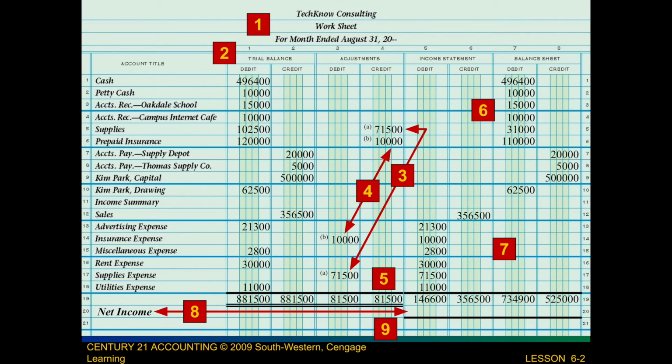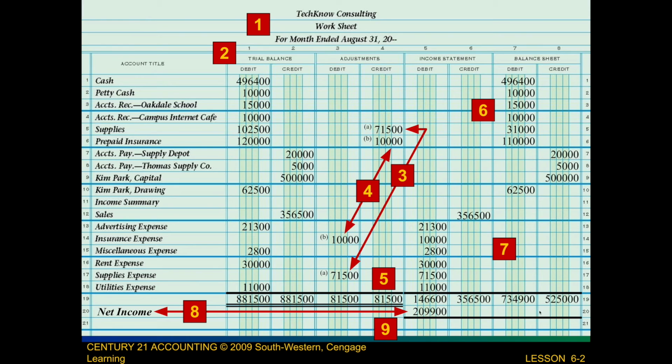If our expenses were higher than our revenue, that would be a net loss. But anyway, if we take the income statement credit column and subtract it from the income statement debit column, that will give us our net income amount of $2,099.